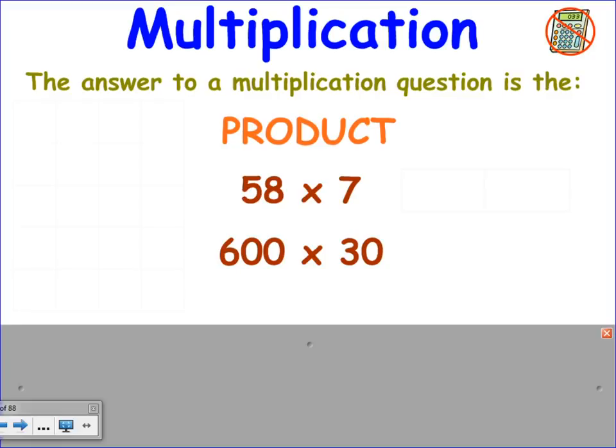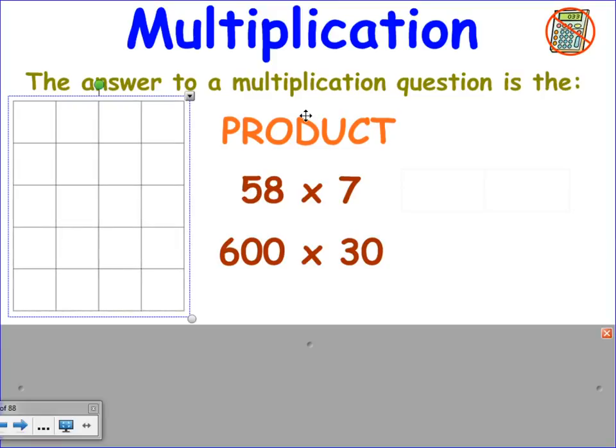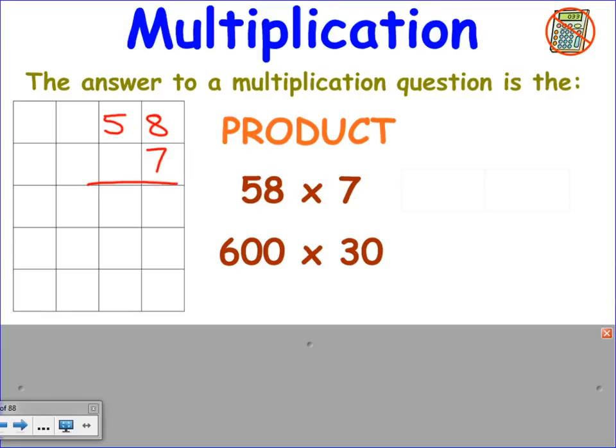Okay, right, let's try 58 times 7. Anybody want to show me how to do that? No? Okay. The first method is the column method. So if I've got 58 and I line up the 7 with the 8 because they're the units, all I need to do is go along and multiply each of these by that number. So 7 times 8 is 56.